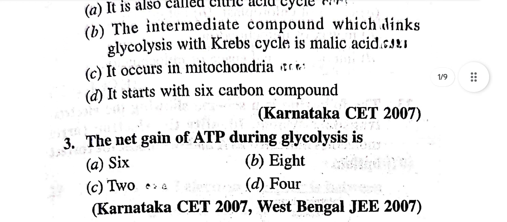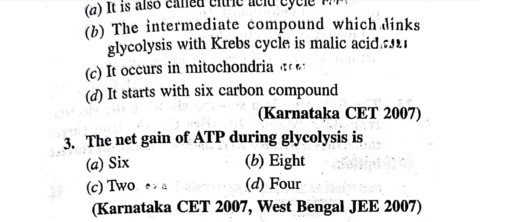Next question is the net gain of ATP during glycolysis. So let us remember the whole process of glycolysis. Glycolysis is a 10-step reaction. In the first step, glucose is converted to glucose 6-phosphate, where 1 ATP is utilized.